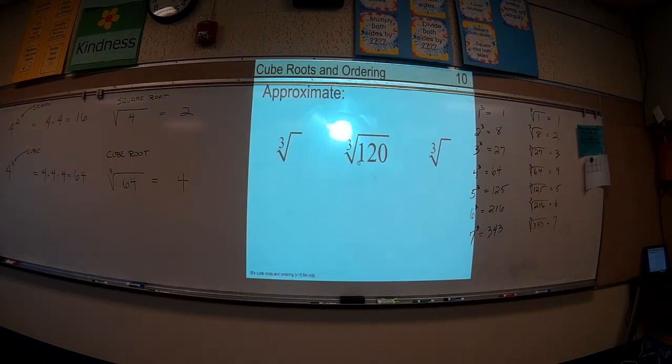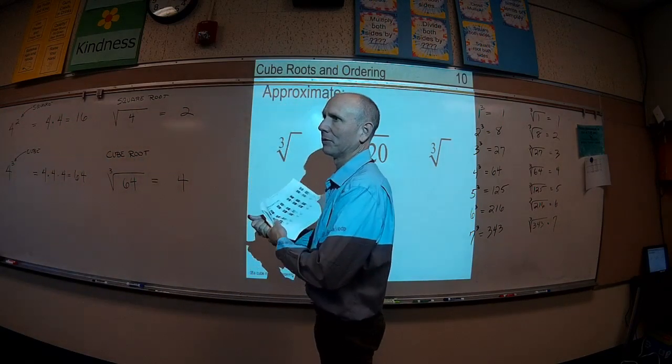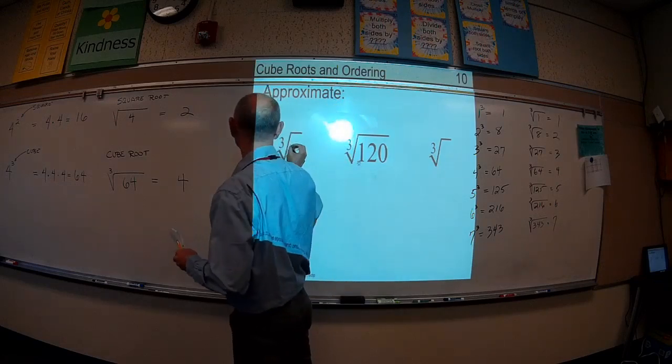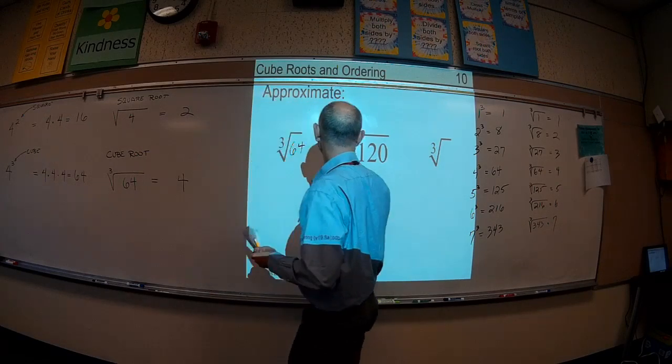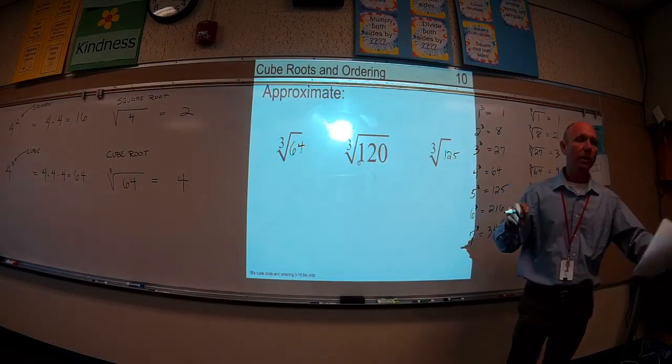Got his neighbors? I know the answer. Cassidy, you got neighbors? All right, Cassidy, who's the lower neighbor? 64. It's actually the same neighborhood, isn't it? Yeah. And then who's the upper neighbor? 125.